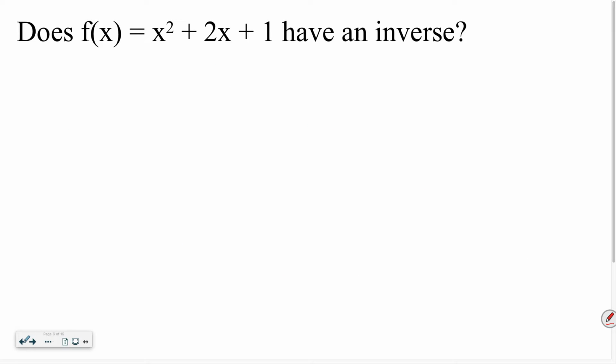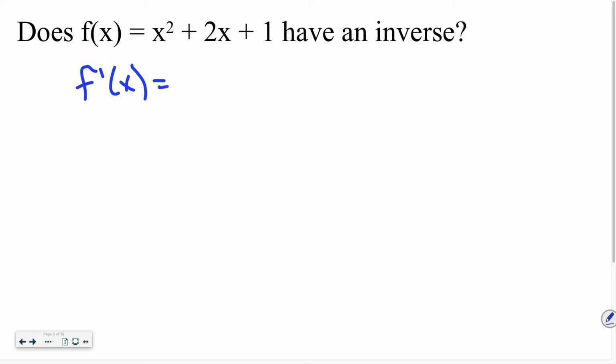Does this guy have an inverse? Okay. Now this one may not take as much effort for us to graph, but that's fine. Let's at least talk about the calculus.